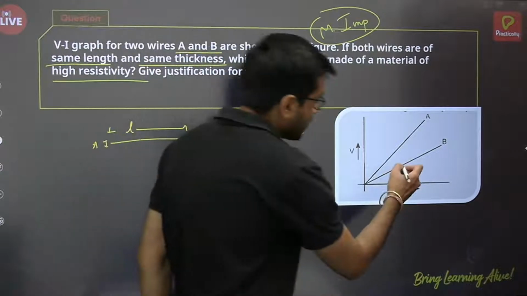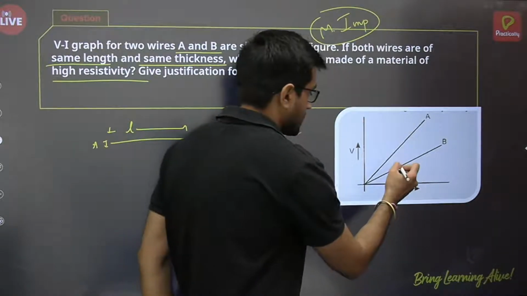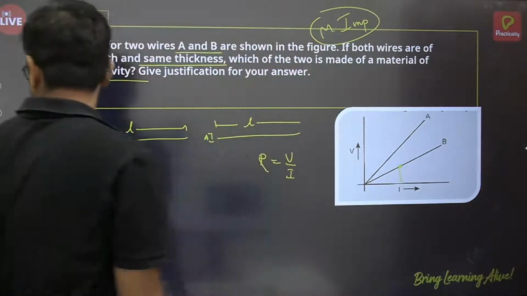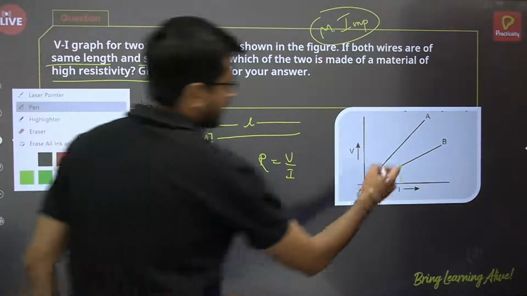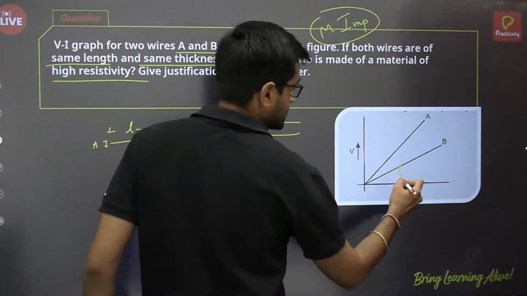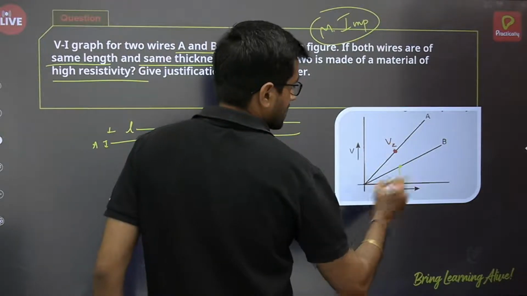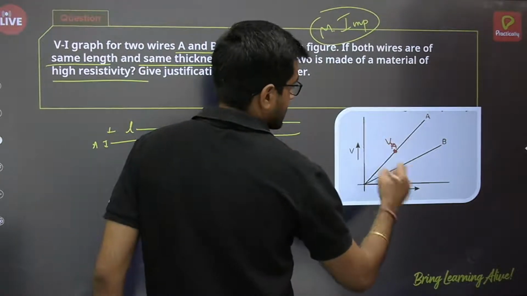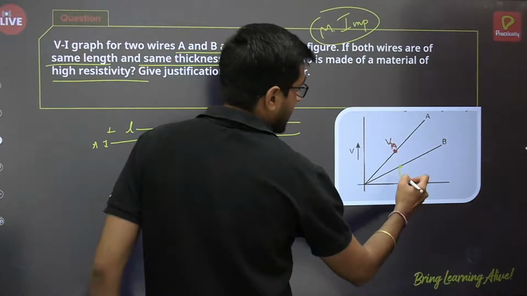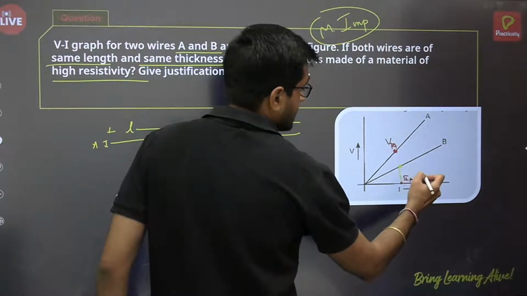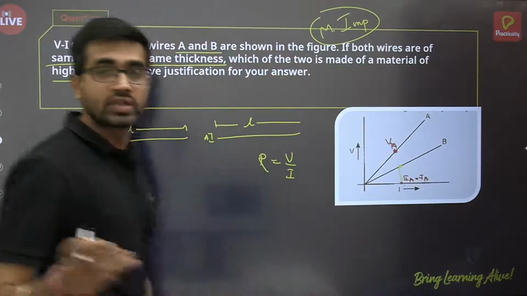I take a value here. And I take a value here. For the same current, this is my VA and this is my VB, so my IA and IB are equal. I want you to understand something very quickly.